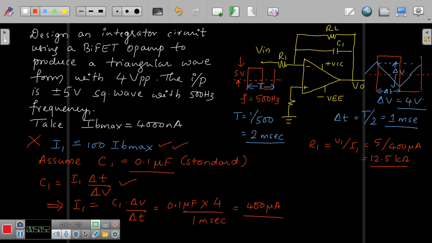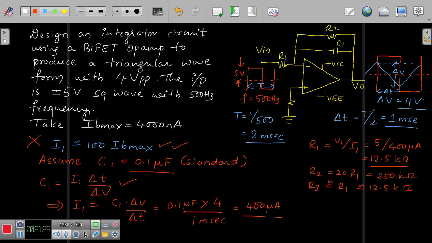Am I right? Yes, 12.5 kilo ohm. So then the remaining things are very simple. R2 is 20 times R1, which is approximately 250 kilo ohm. And your R3 is R1 in parallel with R2, which is approximately the smaller value. I can take it as R1, which is approximately 12.5 kilo ohm. So these are the different resistance values.